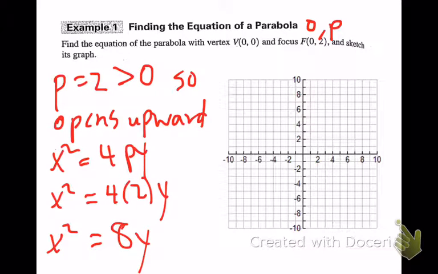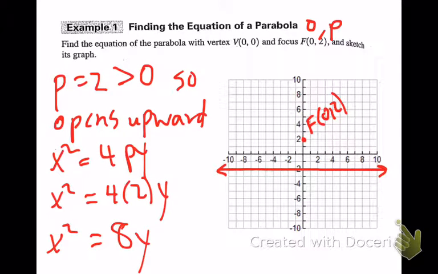And then we've got the focus. We know the coordinates of the focus are 0, 2. So I plot that point. I label it F, 0, 2. My parabola opens upward. I know the directrix is going to be y equals negative p, so it's going to be the line y equals negative 2.